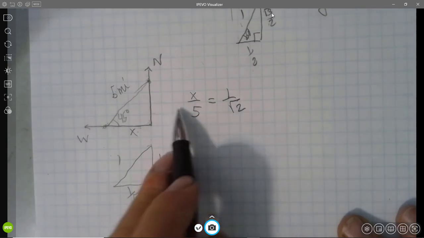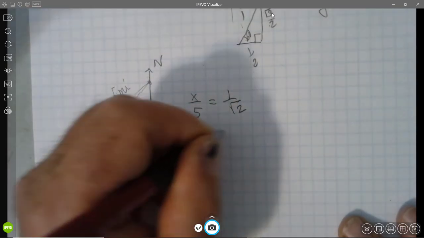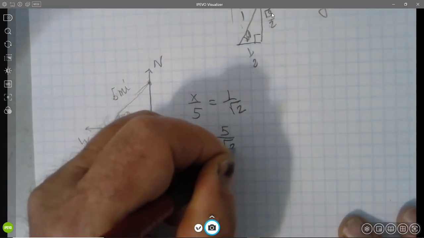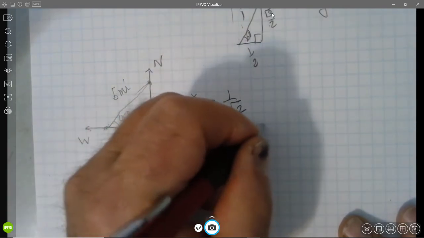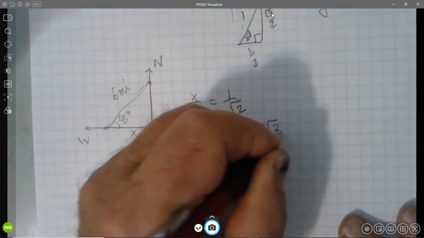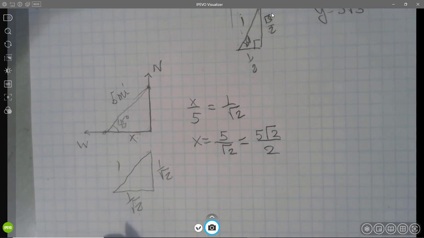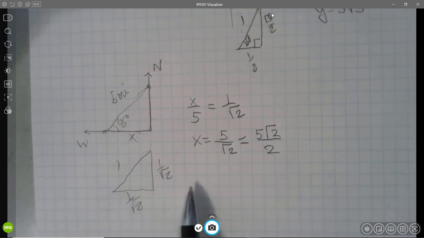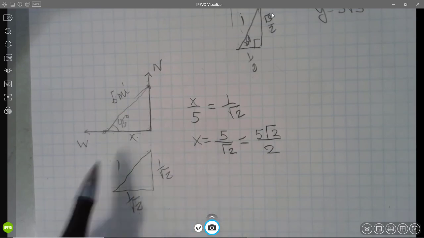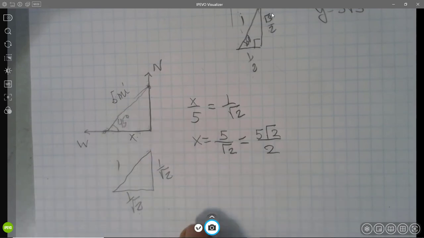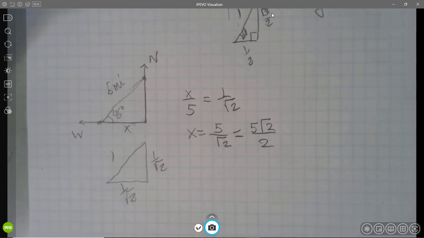Divide that by 1, you get this. And so x equals 5 over root 2, or maybe in a little neater way, 5 root 2 over 2. So that's a case where we could solve this. You could run it through a trig function if you wanted to. You get the same result, but it's faster and easier to use similar triangles.